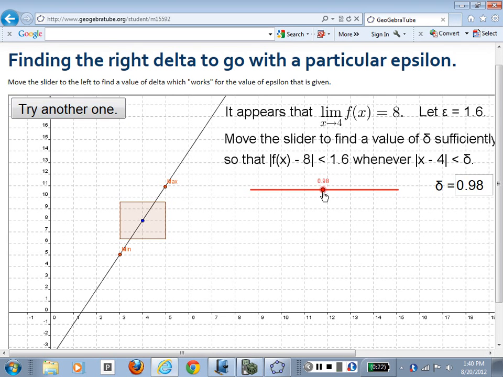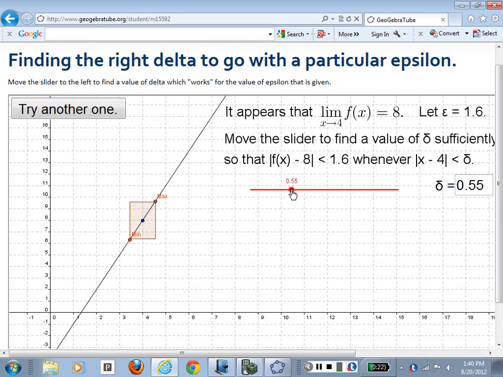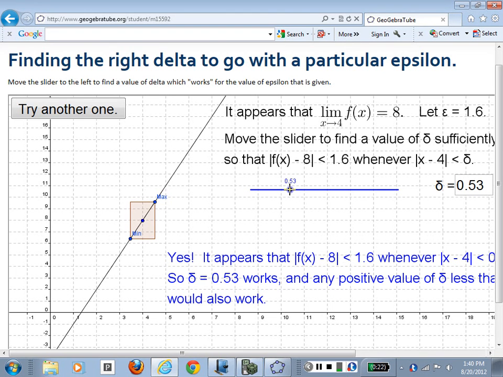So when we get to 0.53, that ought to be small enough. Yep, 0.51 works, 0.52 works, 0.53 works, 0.54 does not work. But 0.53 is a small enough delta. So as long as x is less than 0.53 units away from 4, then f of x is going to be less than 1.6 units away from 8.